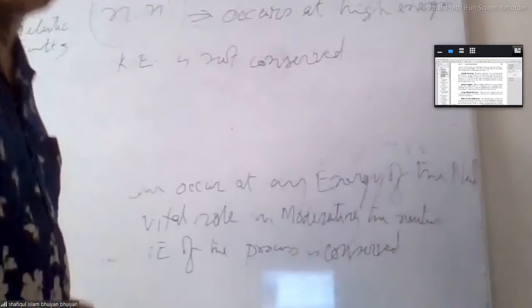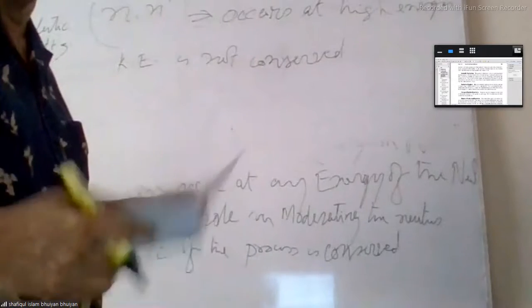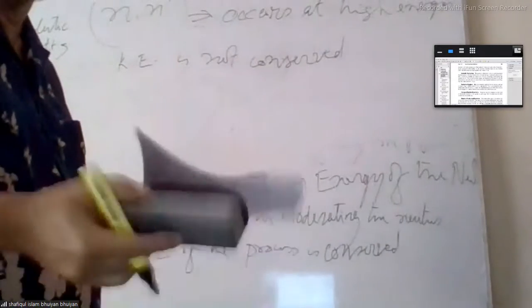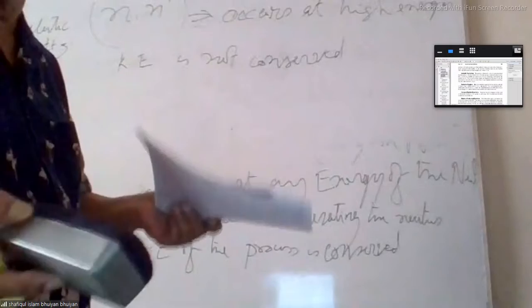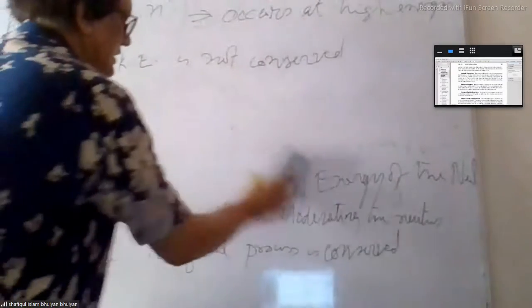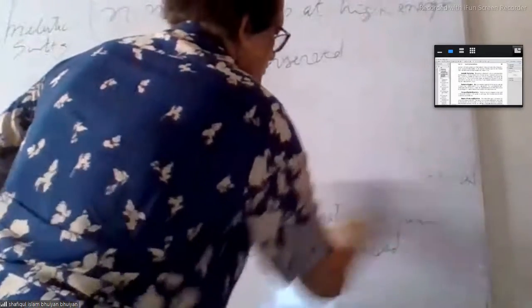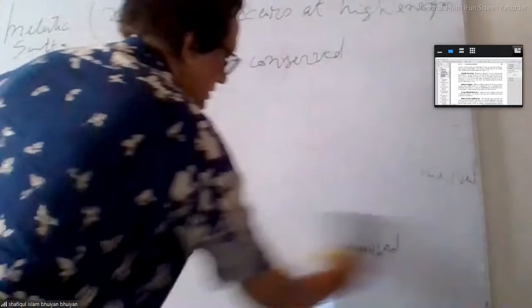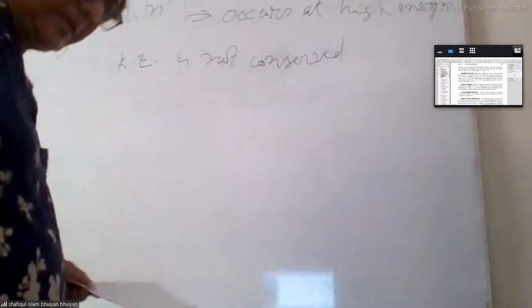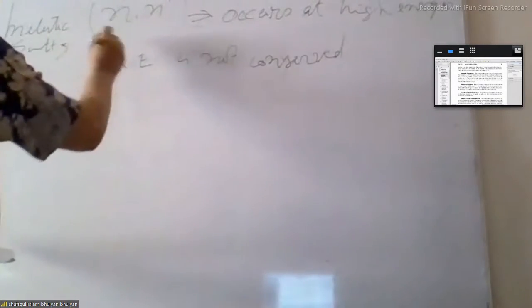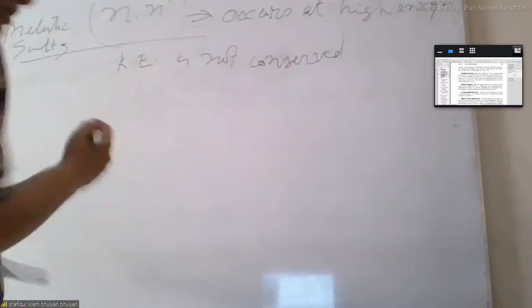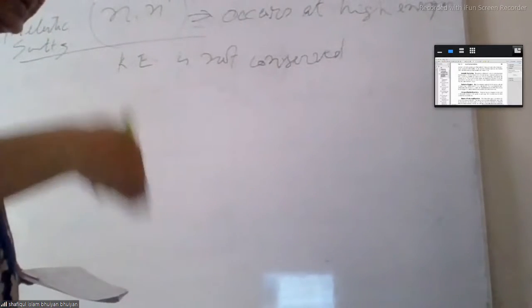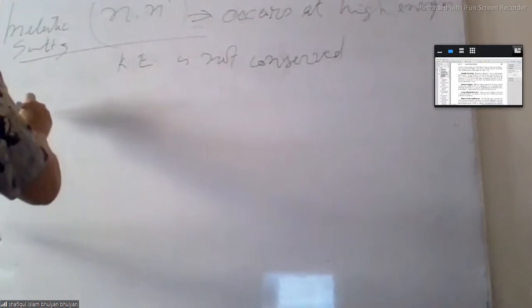In inelastic scattering, it may so happen that the neutron will come and make a compound nucleus, and then it will decay and come out with another energy, N prime. So there is another possibility that it can form a compound nucleus. I think this is enough for inelastic scattering for the time being, because we shall have to go in depth about it.